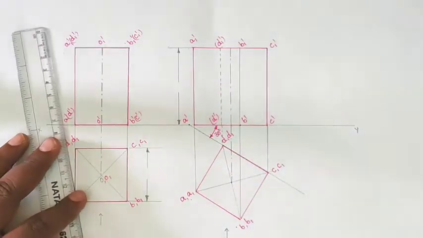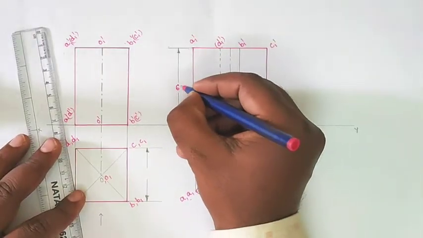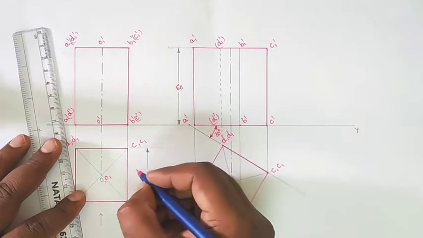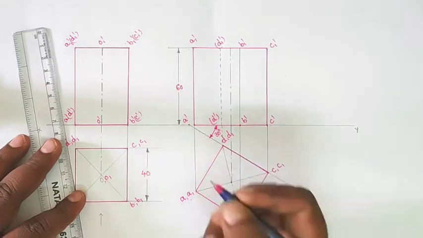This is our axis side, and they are giving a 40 mm side.